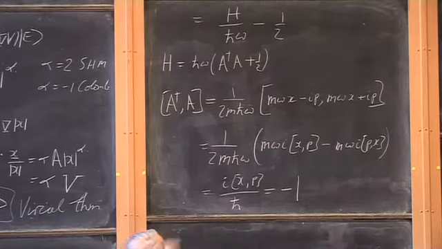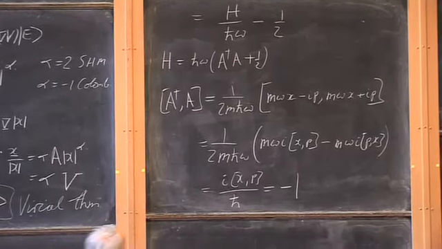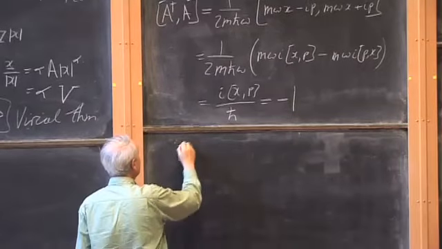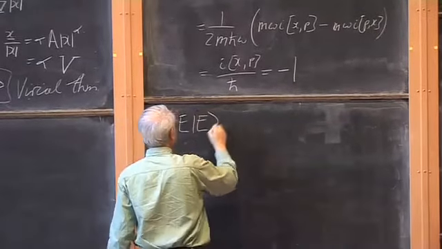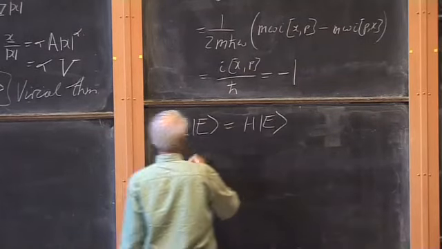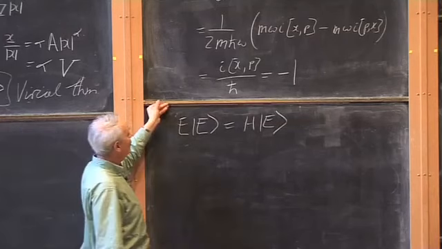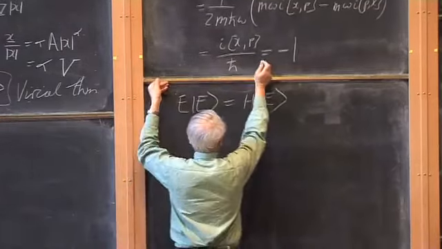Well, we seem to still have time to nail this problem, I think. So let us suppose we have a stationary state. Let us now apply the operator a dagger to both sides of this equation.